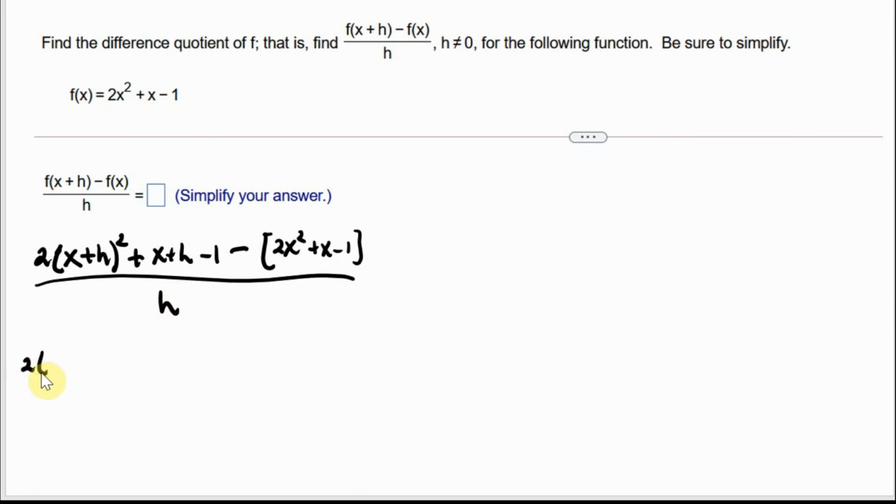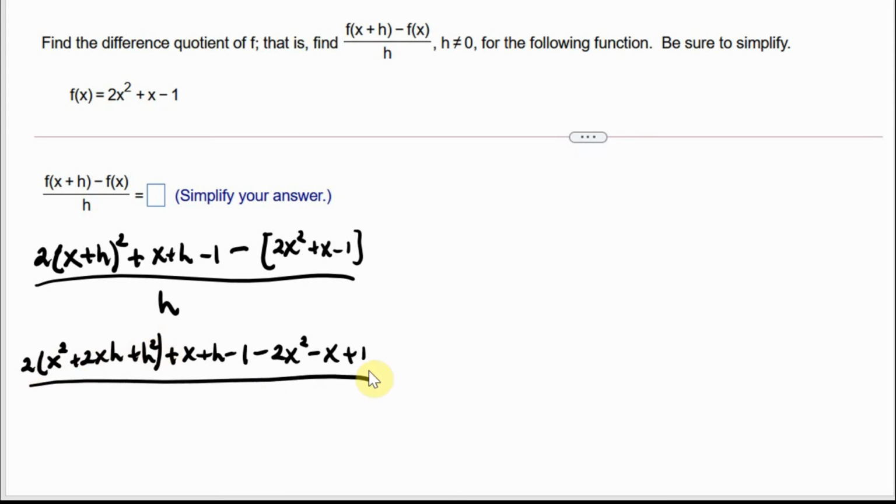So this is 2. We FOIL that out in the parentheses. That's x squared plus 2xh plus h squared. This is plus x plus h minus 1 minus 2x squared minus x plus 1. I forgot to close that parentheses up right there. That's all over h.